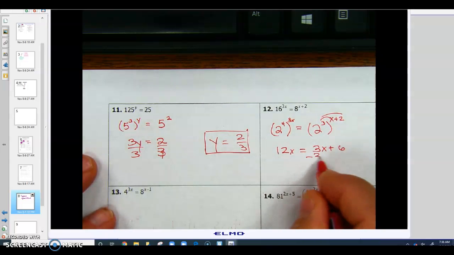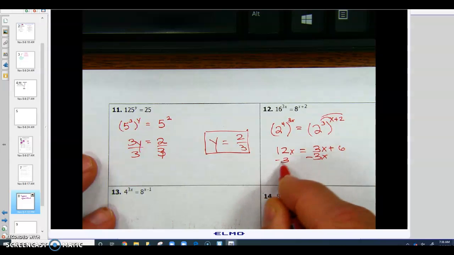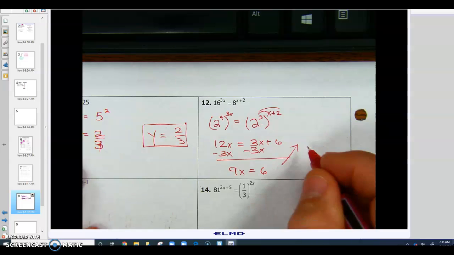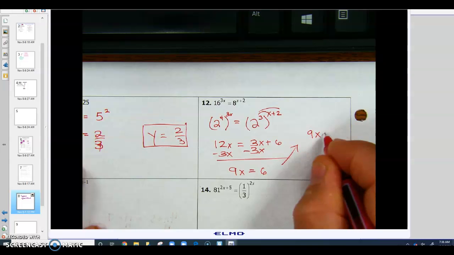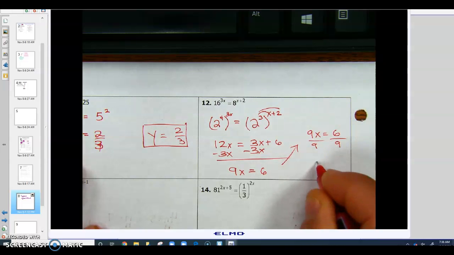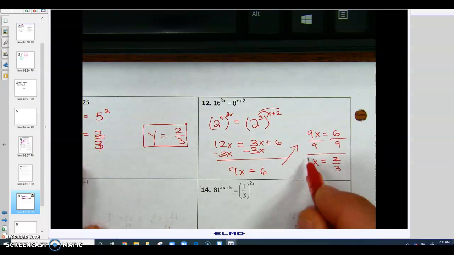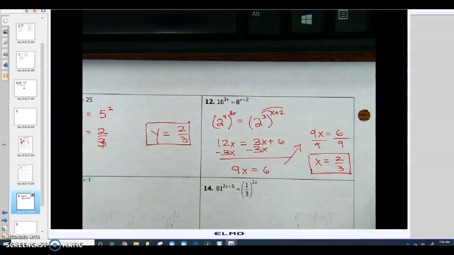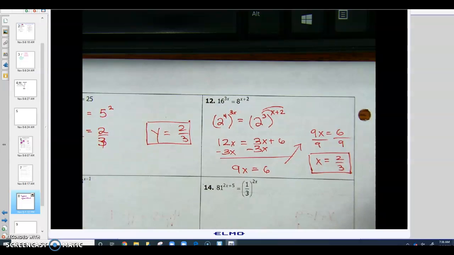Subtract 3x from both sides. 9x equals 6. Divide both sides by 9. X equals 2/3 again. Same answer as the last problem, but it's x this time instead of y. Big difference. Not really, I'm just messing with you.